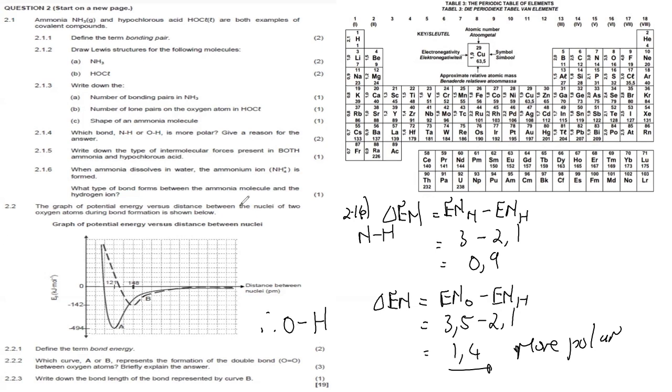So let's now proceed to 2.1.5. It says, write down the type of intermolecular forces present in both ammonia and hypochlorous acid. So now they're touching on those intermolecular forces. And then now we can see one common thing about this is that the hydrogen here is bonded to a nitrogen, but then the hydrogen here is bonded to an oxygen.